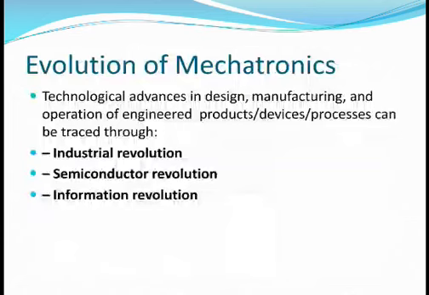So after industrialization, we have seen these three revolutions: industrial revolution, where it began with the mechanical industry; semiconductor revolution, where it began with the electronics; and nowadays it is the information revolution. It's the era of the internet. So evolution of mechatronics can be traced through all these three revolutions: industrial, semiconductor, and information.